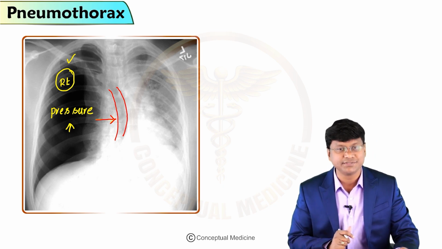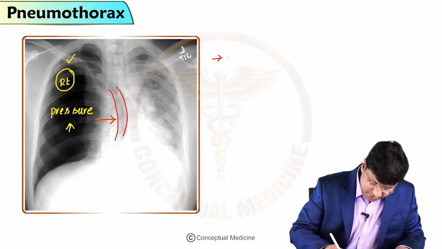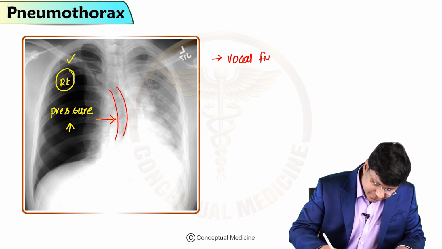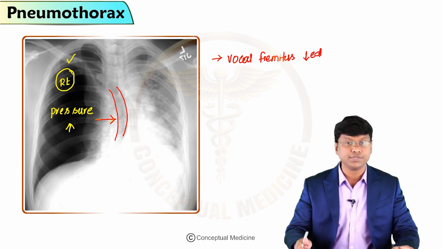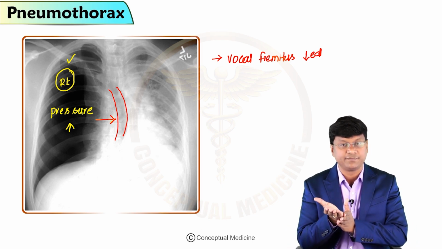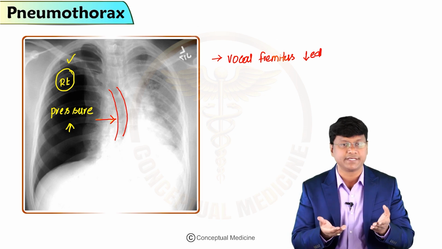Then on palpation, what will you be able to make out? On palpation, the vocal fremitus is decreased. So, how will you elicit this vocal fremitus? You need to keep the ulnar aspect of the hand over the surface of the chest, and the individual is asked to speak.